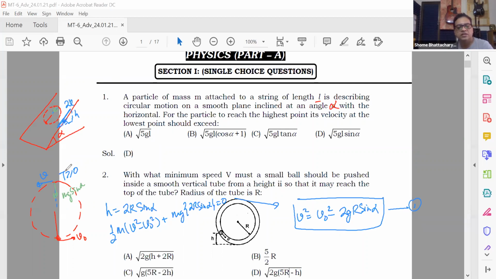So if tension is just about equal to 0, or we can write the equation for tension, tension plus mg sine alpha should be equal to mv square by r. Is this equation clear, Shikhar? Mg cos alpha is balanced by the normal reaction.